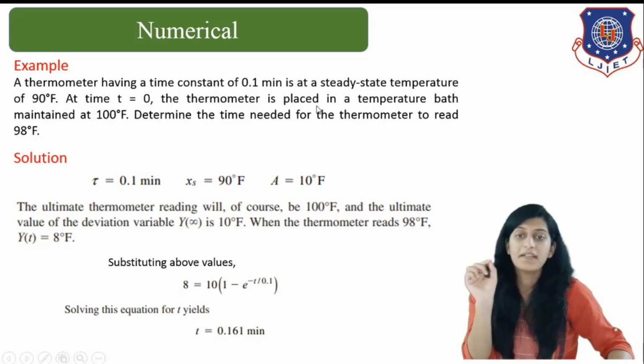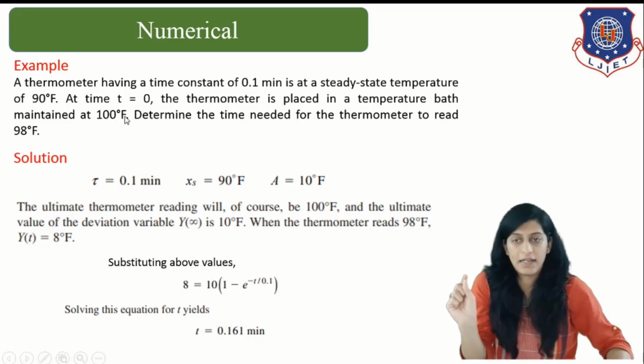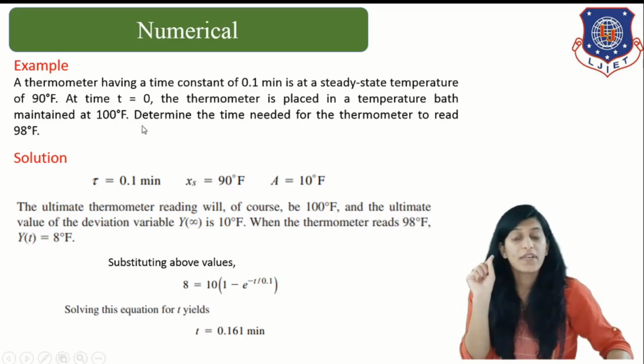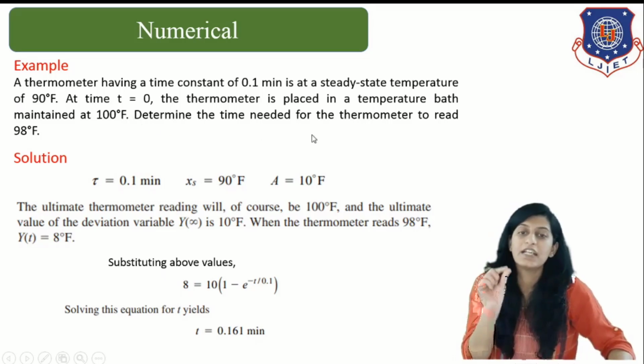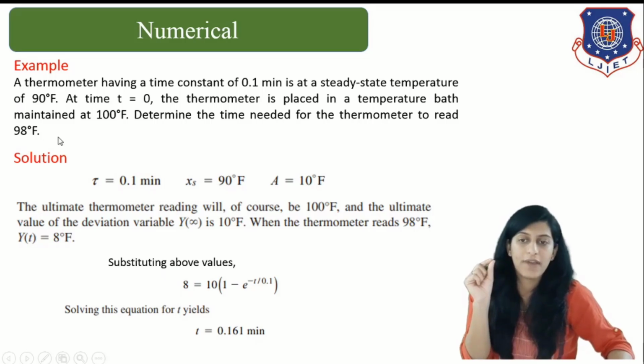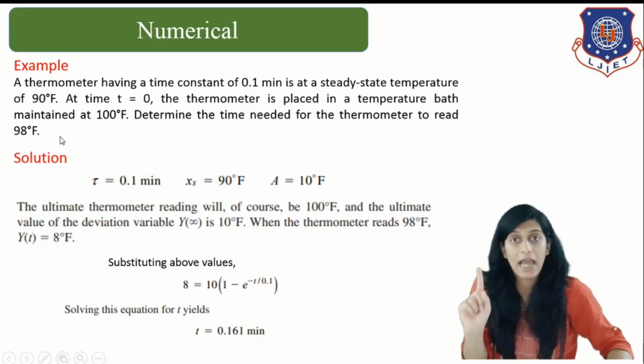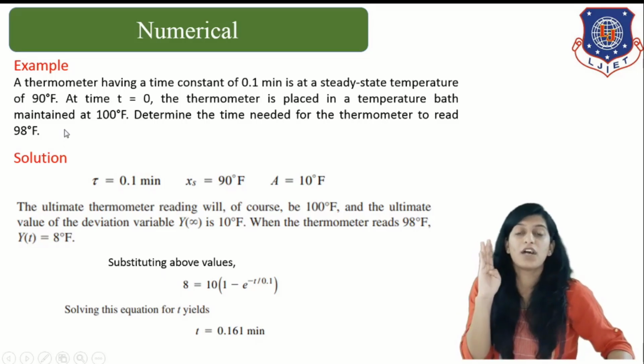The thermometer is placed in a temperature bath which is maintained at 100 degree Fahrenheit. What we need to determine is the time needed for the thermometer to read 98 degree Fahrenheit.